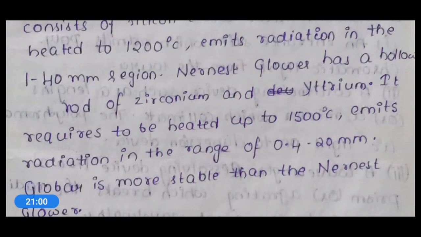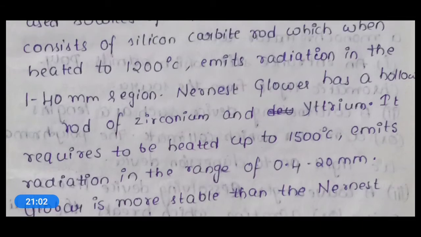The Globar will contain a silicon carbide rod, and we heat it up to 1200 degrees centigrade so that it will emit radiation in the 1 to 40 nanometer region.